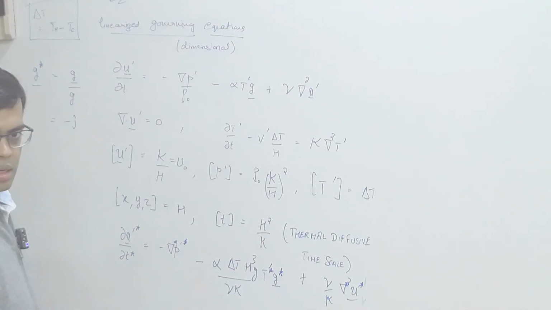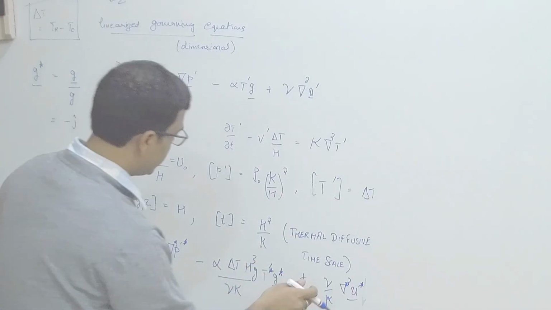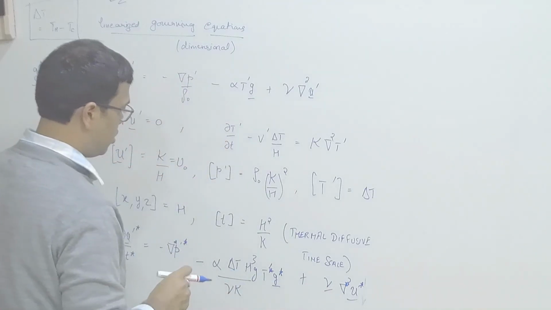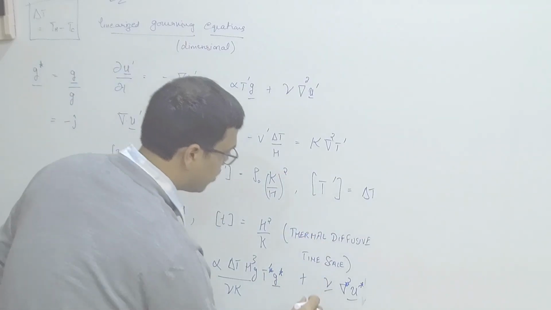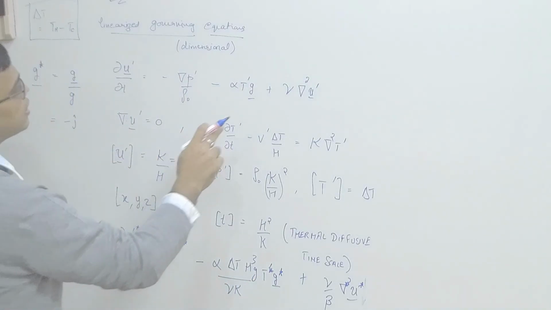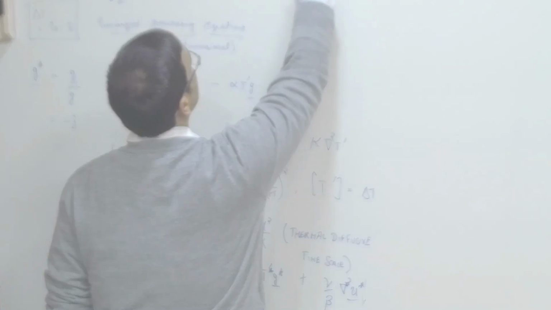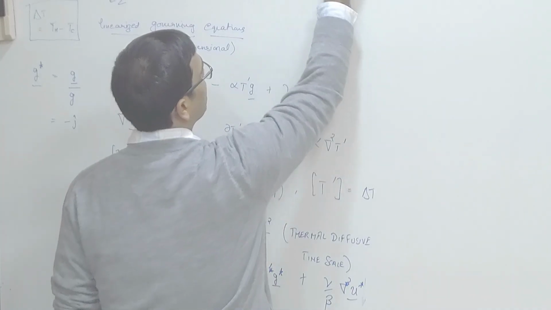Nu by kappa is the Prandtl number. Actually, it's not nu by kappa, it's nu by alpha. So what do we get here? Nu over H square del star square.